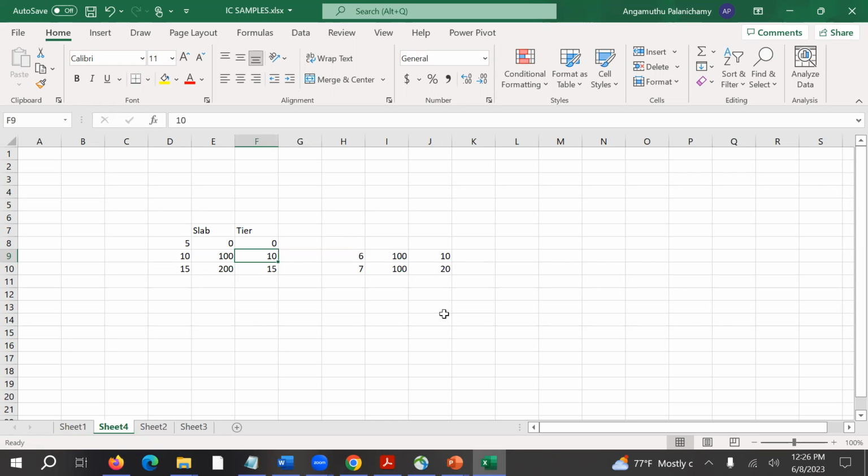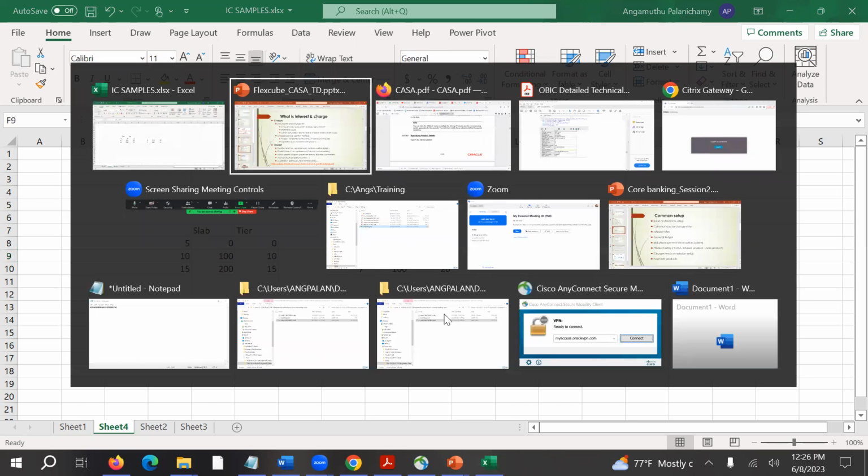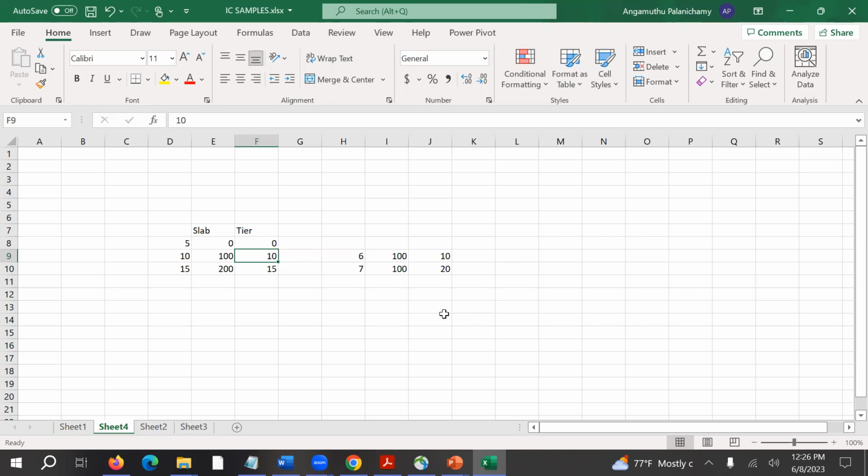One is a bucket, and another one is per transaction charge. The tier charges get added up based on the next transaction. From 6 to 10, I will charge 100, and it doesn't matter whether you are doing 6, 7, or 8 transactions. But in this case, since you crossed 5, for each transaction I'm charging 10.